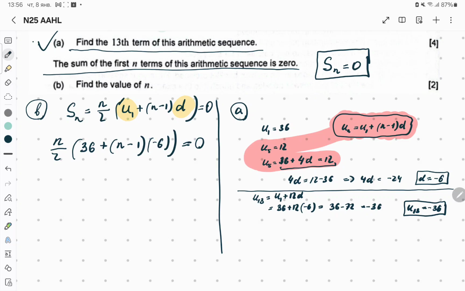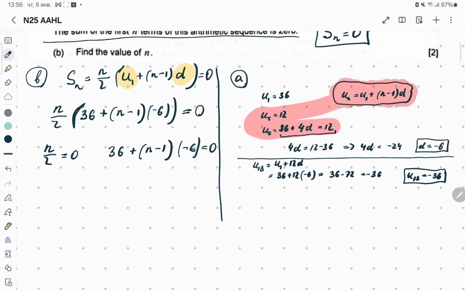And it is equal to 0. Now you see that there are two factors. The first factor, n over 2, is equal to 0, and the second factor is also equal to 0, right? So plus n minus 1 times negative 6 is equal to 0. Now let's solve these two equations separately. Here n is equal to 0. Then 36 minus 6 times n minus 1 equals 0.